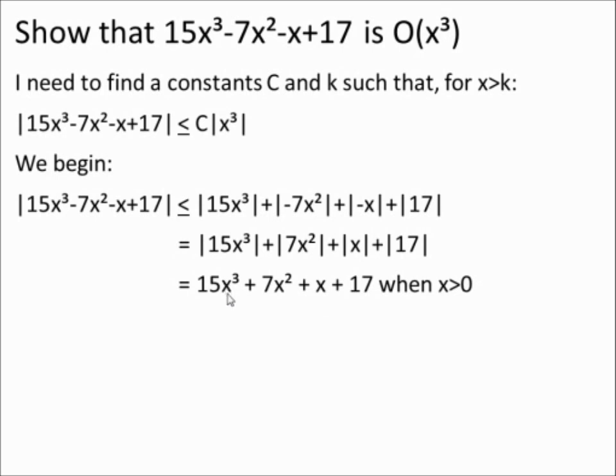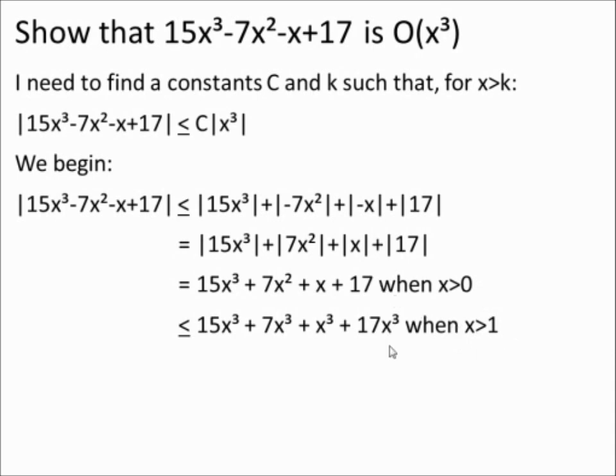In part 3 of the video series, I just said, okay, I'm going to bound each piece individually. So I did that. 15x cubed is less than or equal to 15x cubed. 7x squared is less than or equal to 7x cubed, again, whenever x is greater than 1. Similarly, x is less than or equal to x cubed whenever x is greater than 1.